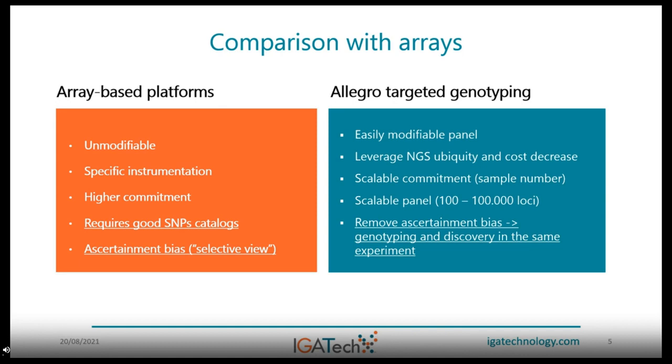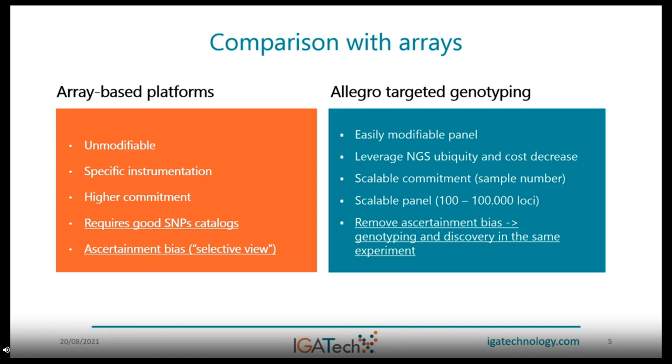It leverages the ubiquity of NGS platforms and their continuous cost decrease. It does not require a very high commitment in terms of sample number, and the panel size can be really scalable, from hundreds of loci up to hundreds of thousands of loci.